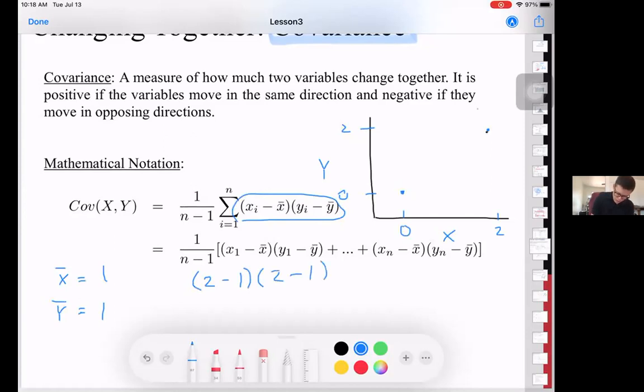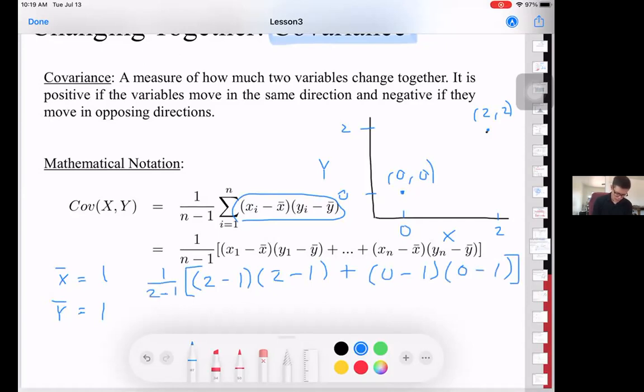Remember, that's because this is 2, 2, and this is 0, 0, plus 0 minus 1 times 0 minus 1. And then that will all be divided by 1 over 2 minus 1.